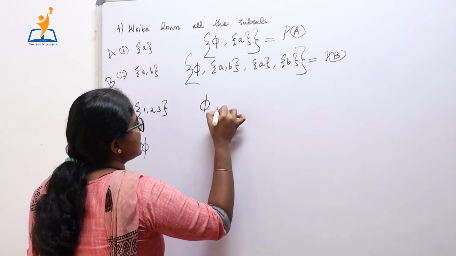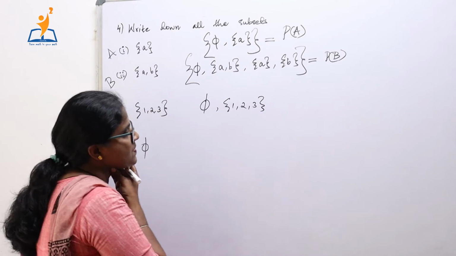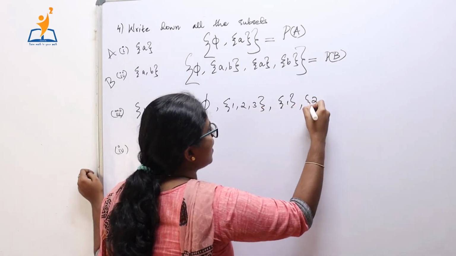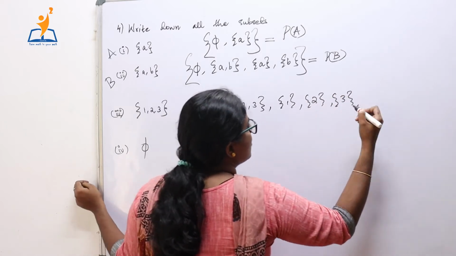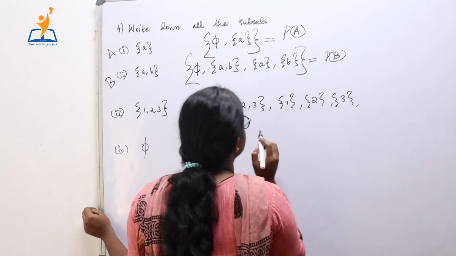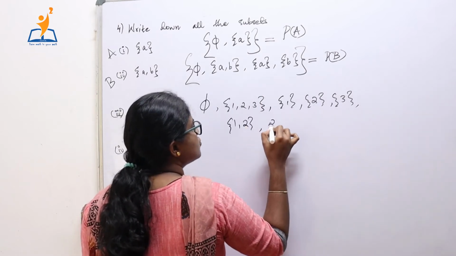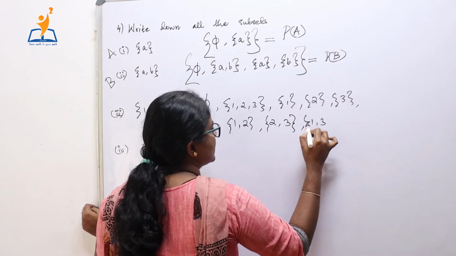Always remember that phi is a subset, and the set {1, 2, 3}, that is the set itself, is a subset. Now we have singleton subsets, that is {1}, {2}, {3}. Now we have subsets with 2 elements, that is {1, 2}, {2, 3} and {1, 3}.